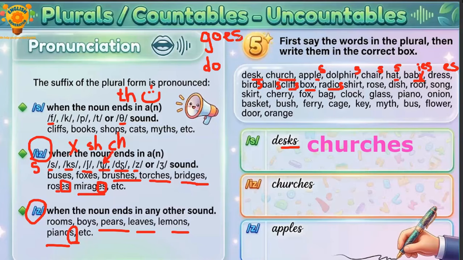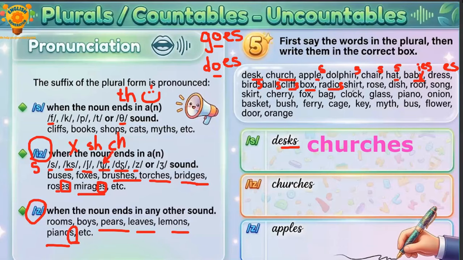So whenever we have O, in the English language, we add es, but like we said, the word radio is one of the irregular cases, so we don't add es with it, we just add s. So also the O is one of the letters that we add es after with verbs or nouns. That's why we say goes and does. We add es for them when we say he, she, it goes, he, she, it does.